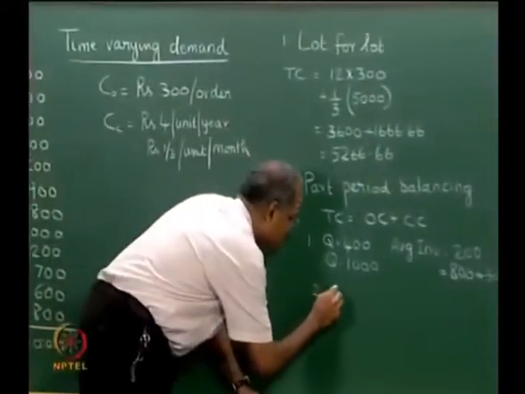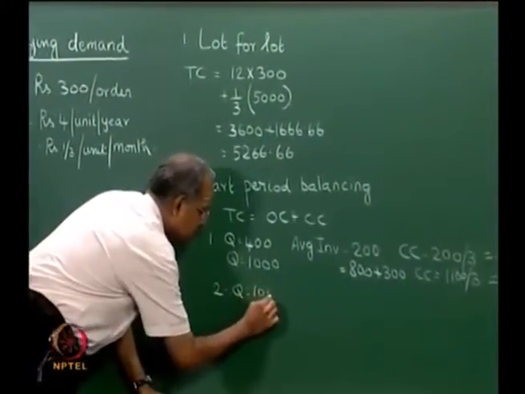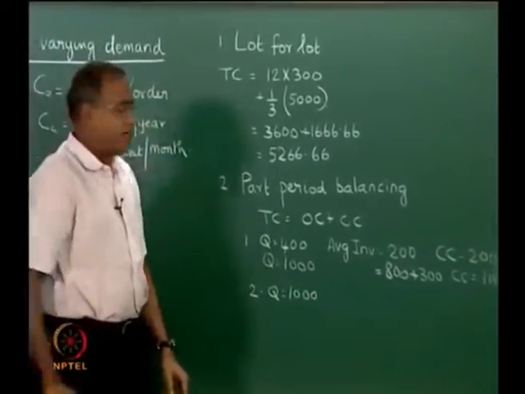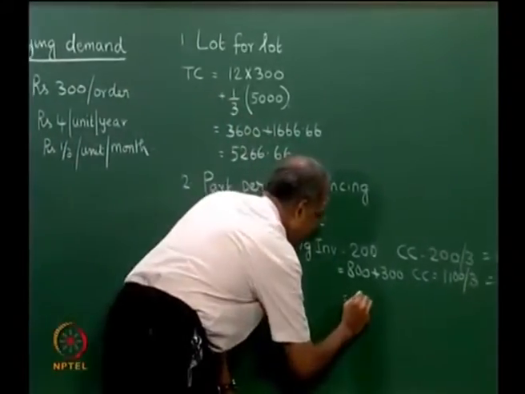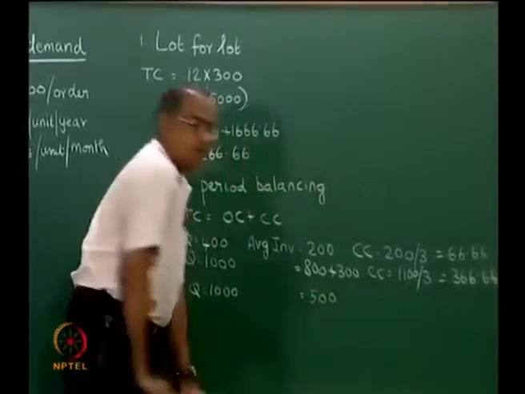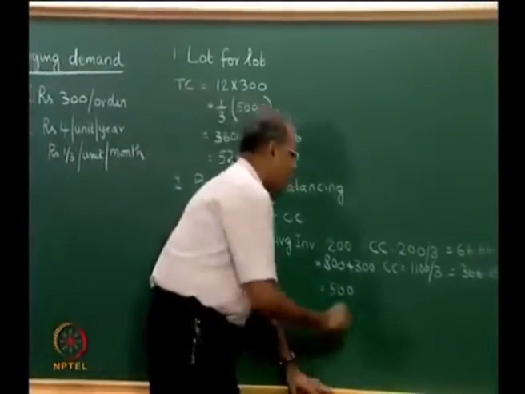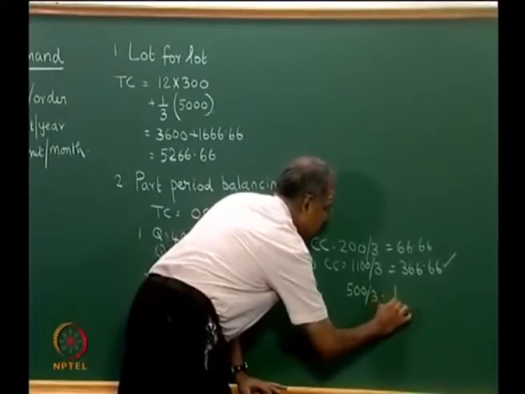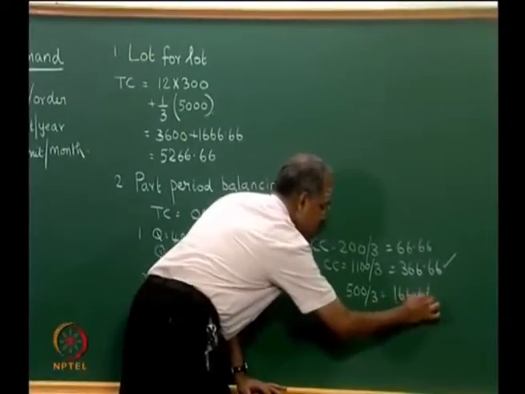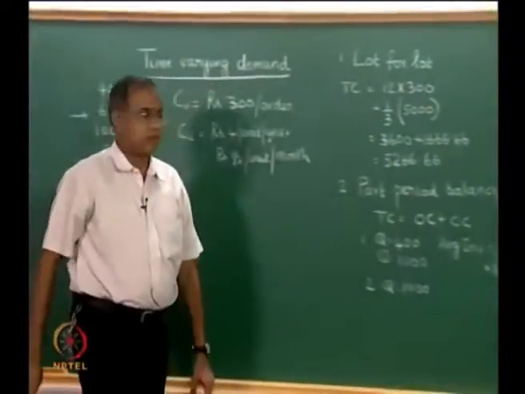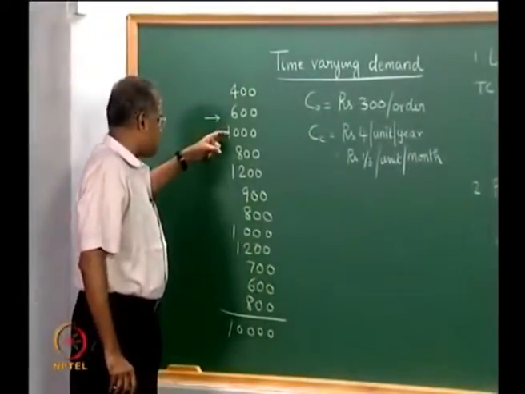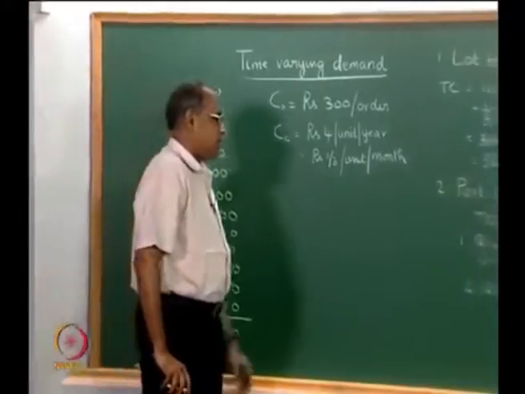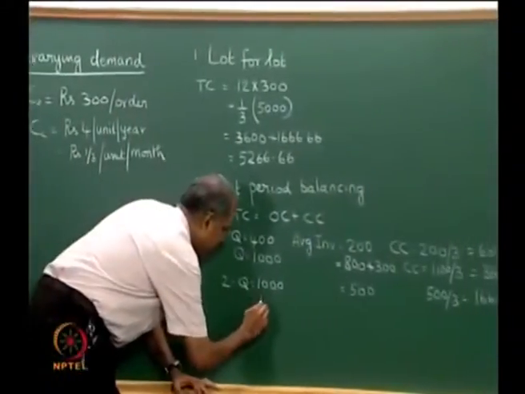First we look at Q equal to 1000. The average inventory is 1000 divided by 2, which is 500. So the carrying cost is 500 divided by 3, which is 166.66. Now we consider 1000 plus another 800, so 1800 here.